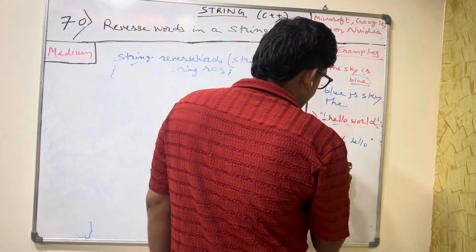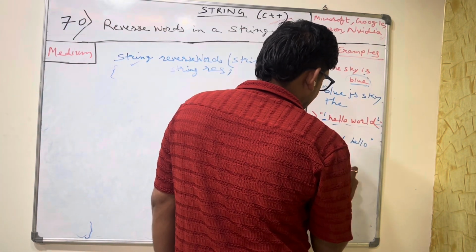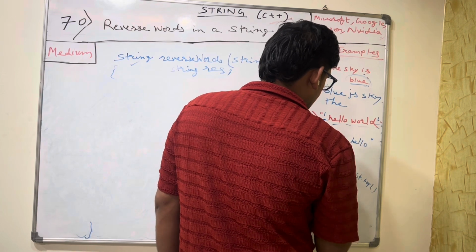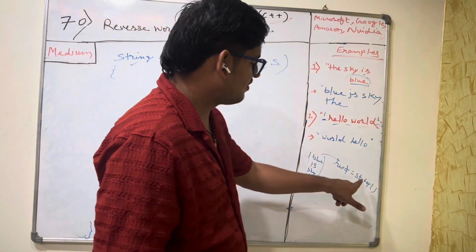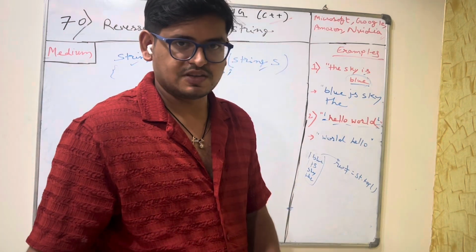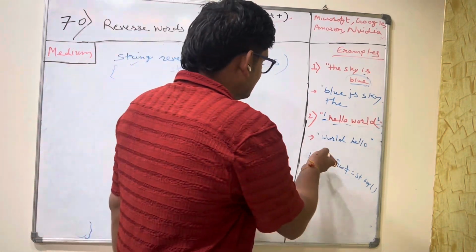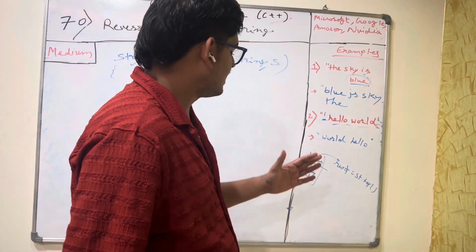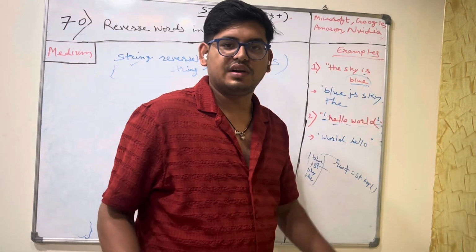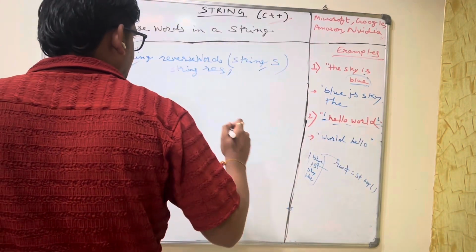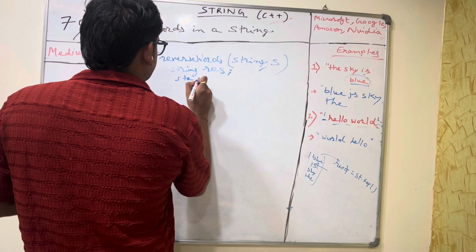And then when we return it, we add to the result string whatever is at the top. So blue, is, sky, and after adding each word we'll put a space between them, but not after the last one. In that way, we just need a stack data structure. With the stack, we can solve it in one traversal, order of n time complexity, and extra space would be order of n for the stack.